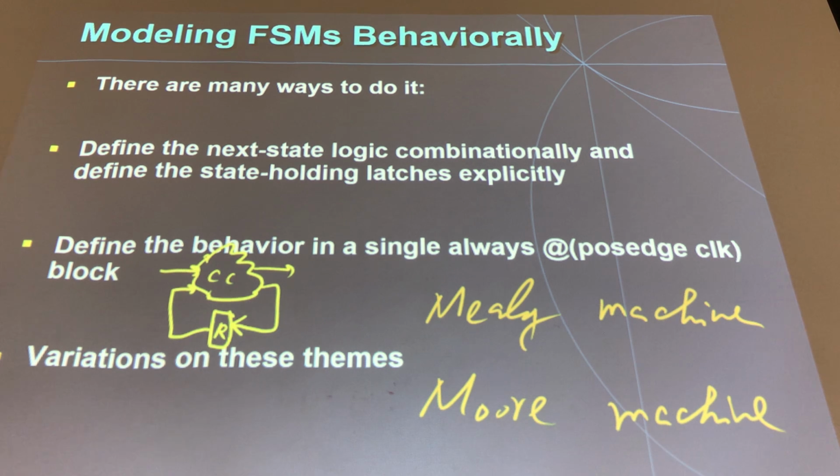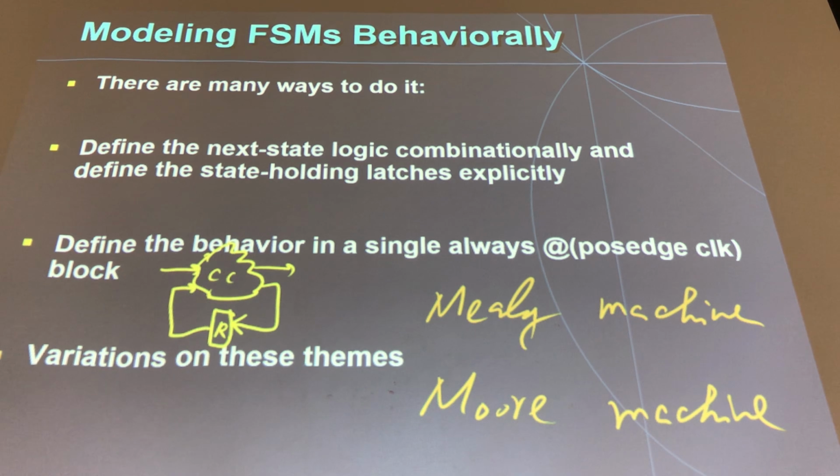For Mealy machine, for sequential machine, the typical sequential machine, the combinatorial circuit can be AND gate, OR gate, inverter, adder, so on and so forth. The register, more than 1 bit.